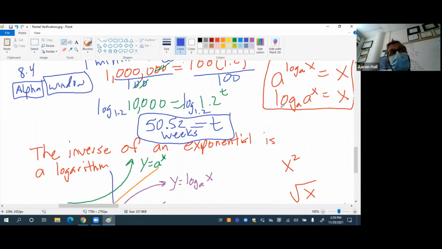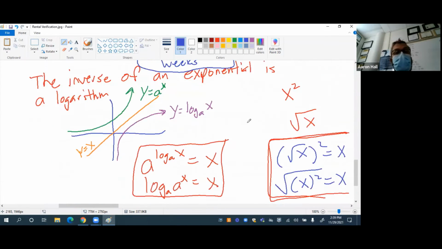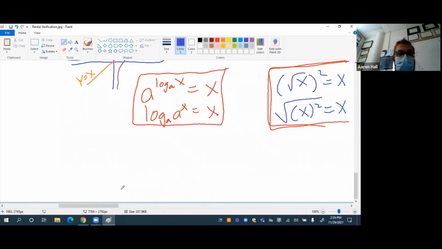I think it's like log 1.2. Or I'm sorry, log of 10,000 over log of 1.2. Kate is asking, if we have log base 2 of say 8, how can I rewrite this?